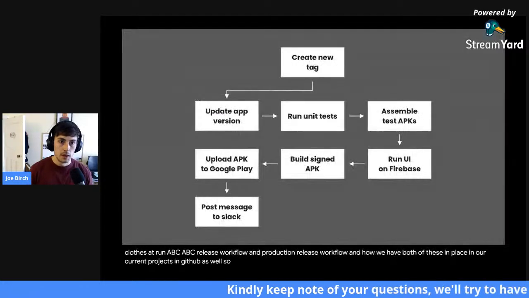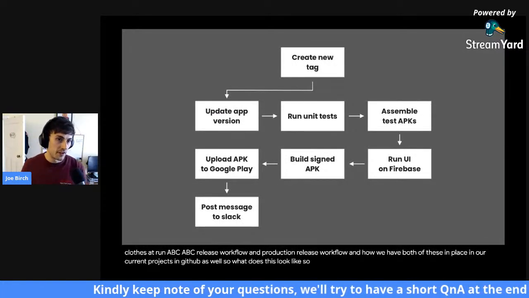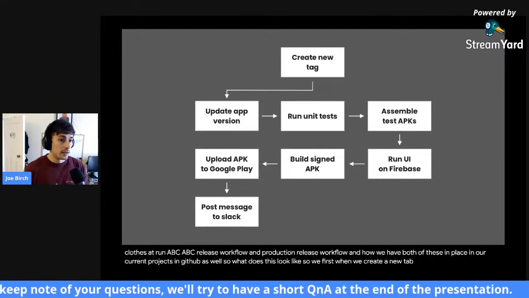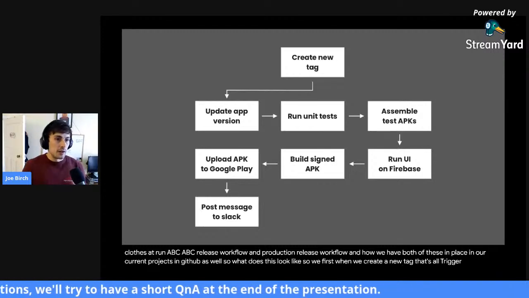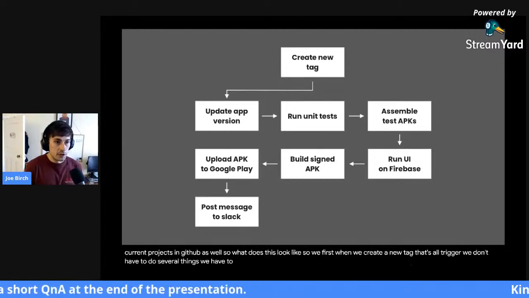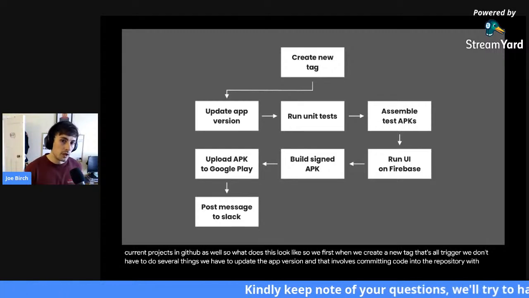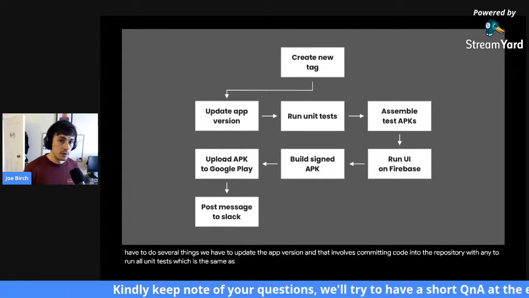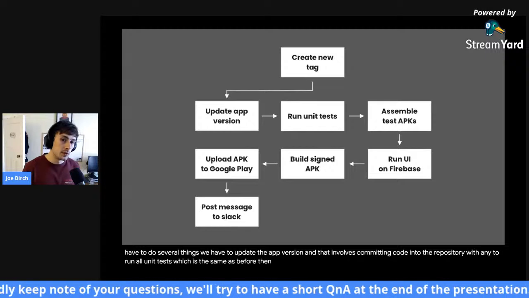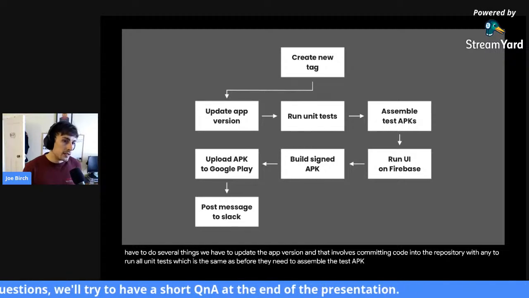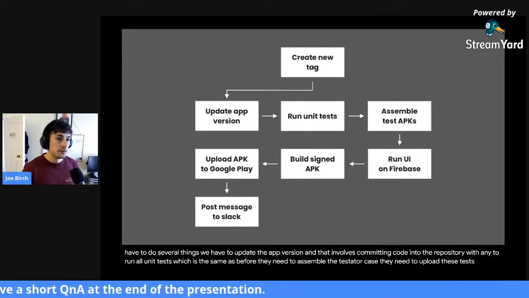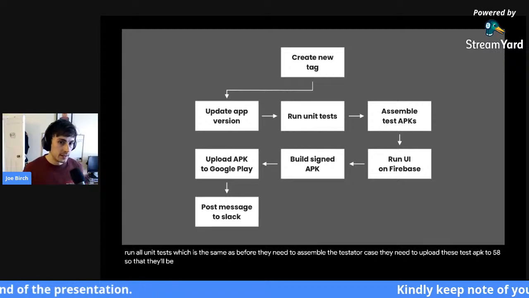So what does this look like? When we create a new tag, that's our trigger. We then have to do several things. We have to update the app version, which involves committing code into the repository. We then need to run our unit tests, which is the same as what we did before. We then need to assemble the test APKs, then upload these test APKs to Firebase so that they'll be run in Firebase Test Lab.